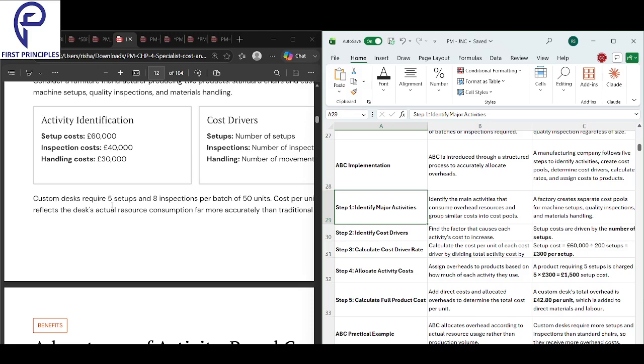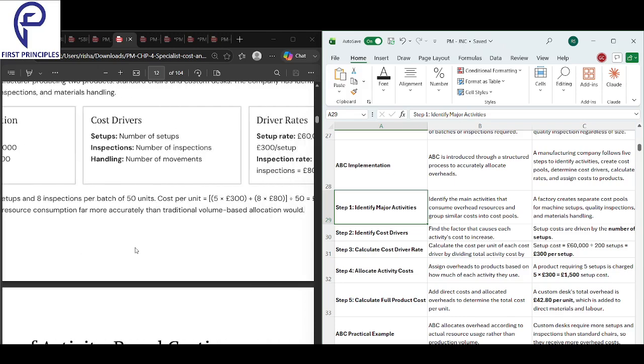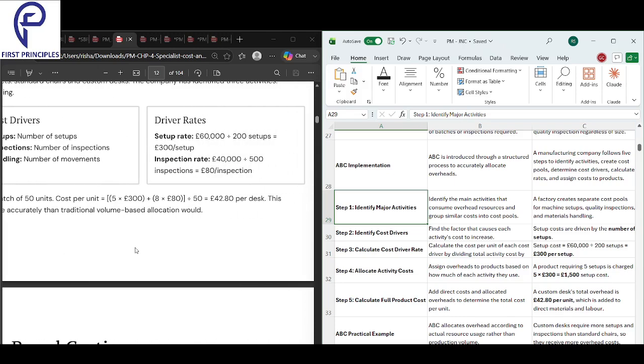You take the per inspection cost multiplied by 8. So you know for a desk how much you have to allocate. So 300 into 5 will be your first setup. Then you have your handling divided by the number of units. You know per desk how much it is costing.